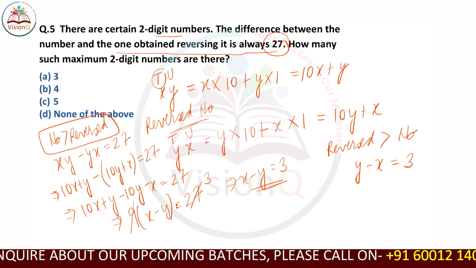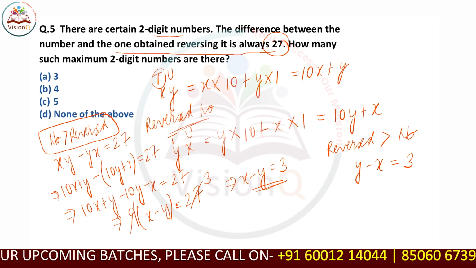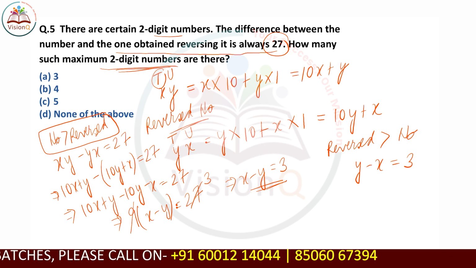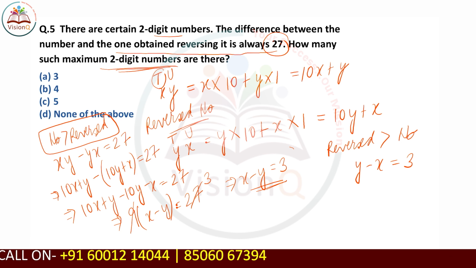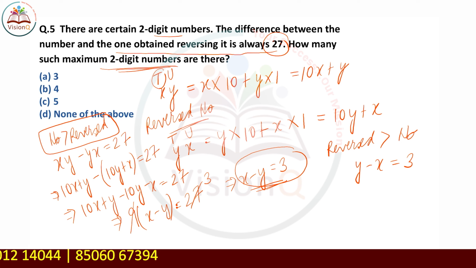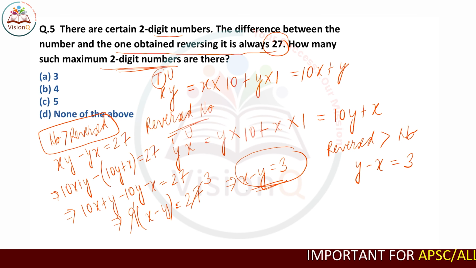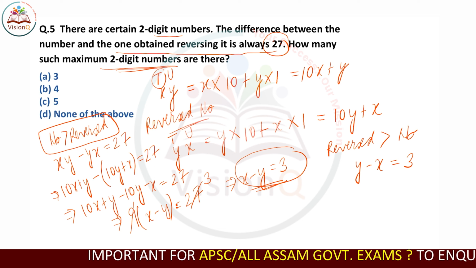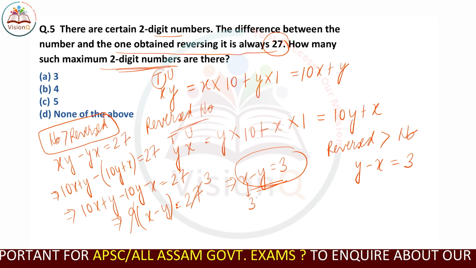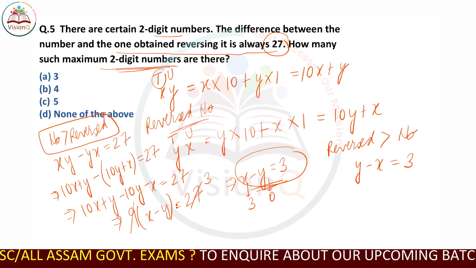Now it is asked to find out how many maximum 2-digit numbers are there which satisfies the equation x minus y is 3. Okay, now see, x minus y is 3. Now how many values of x and y are possible, or how many 2-digit numbers are possible? Now if I take x as 3, then I can take y as 0, isn't it?